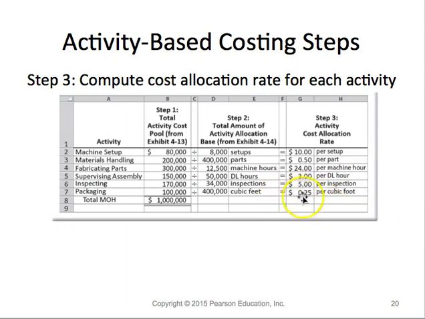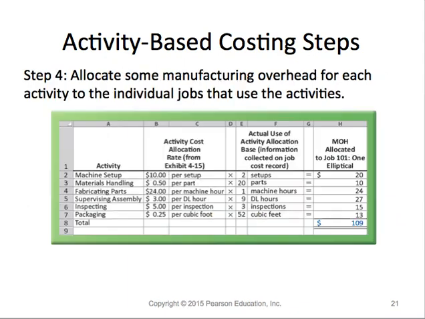So not going to go through each number here, and then you're going to allocate some manufacturing overhead for each activity to the individual jobs that use this activity. So here's the actual use of activity allocation base, and this is the activity cost allocation rate we have calculated from the last slide, and these are the bases.